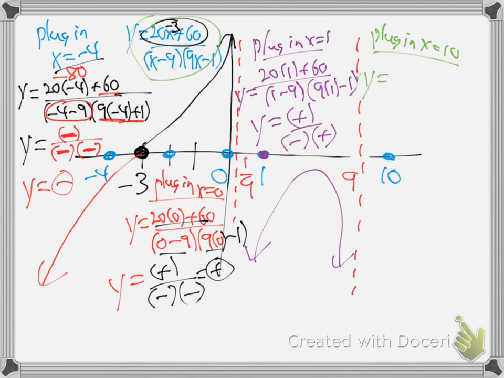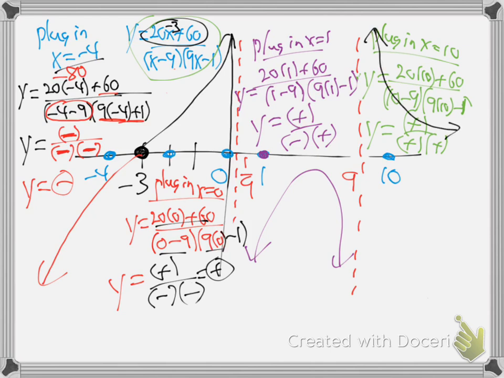Y equals, plug in 10. 20 times 10 plus 60 over 10 minus 9 times 10 minus 1. What is that? Positive over positive times positive. Positive. Everything's positive. So the graph is up here. But it can't cross the asymptotes. But it can cross the 3.